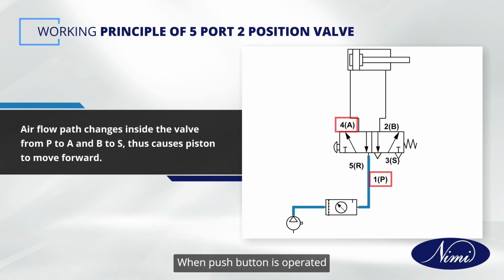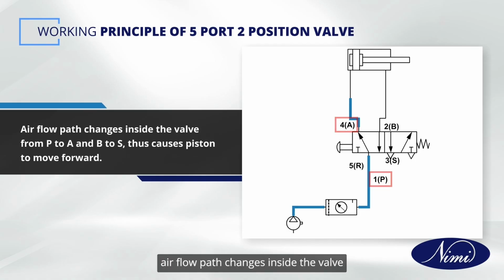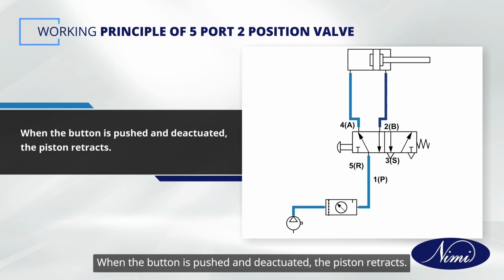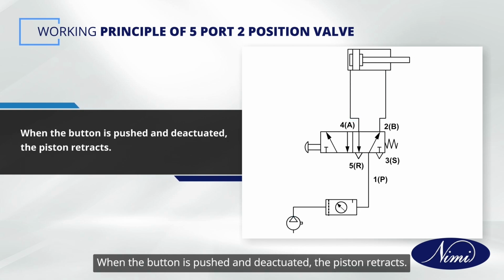When the push button is operated, the airflow path changes inside the valve so that supply direction is P to A and B to S, which causes the piston to move forward. When the button is released, the piston retracts.